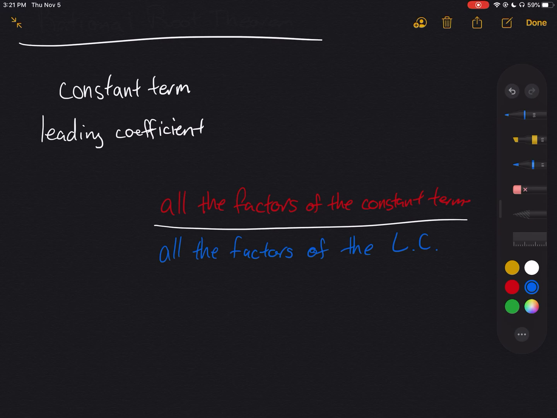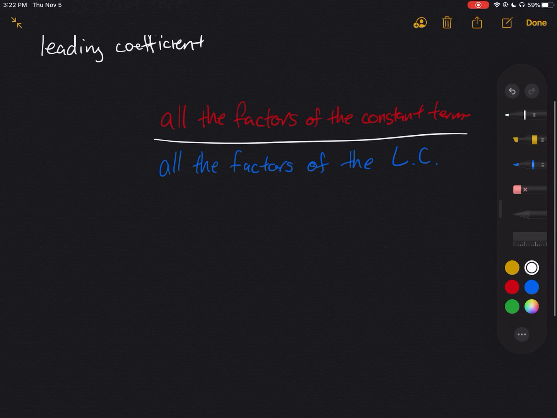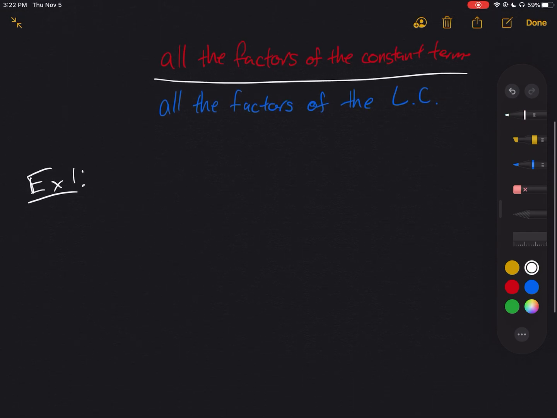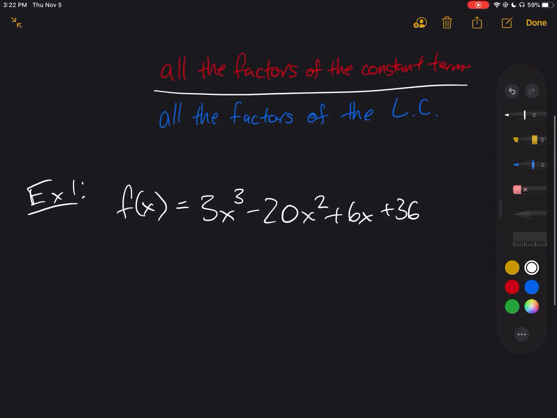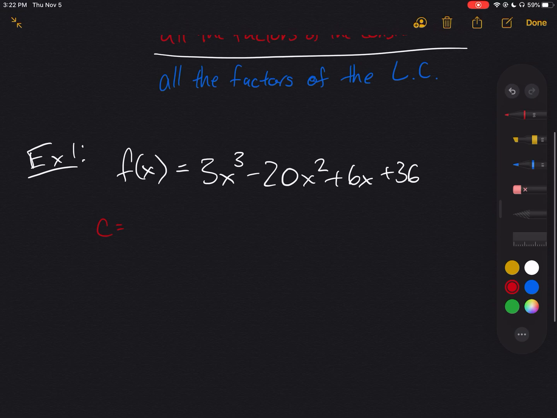Let's look at an example here. Example 1. I've got f of x is equal to 3x cubed minus 20x squared plus 6x plus 36, right? So what I want to do is take all the factors of the constant term. The constant term is 36.